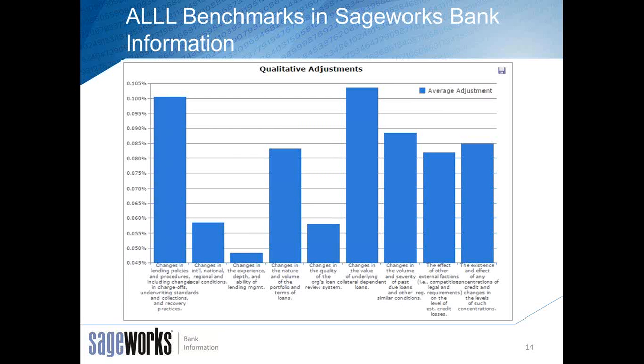So with our several hundred subscribers that log in and manage their allowance calculation within the Sageworks ALLL platform, we're going to see how those adjustments, both FAS 5 calculations, FAS 114 calculations, and Q factor adjustments can be aggregated and reported back to you through the Bank Information platform.